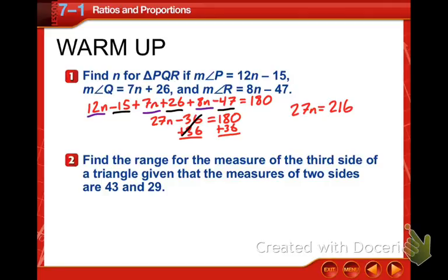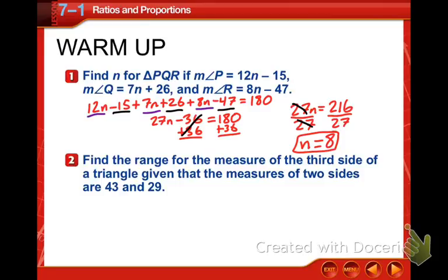Temporary dyslexia on that one. Alright, now we divide by 27. Cancel out the 27s. And n comes out to be equal to 8. My bad on that one. Thought all the bells had rung.